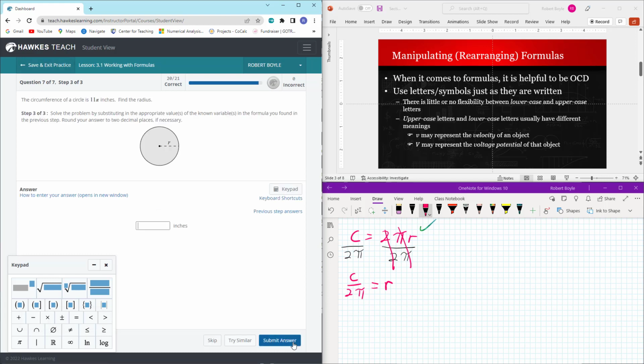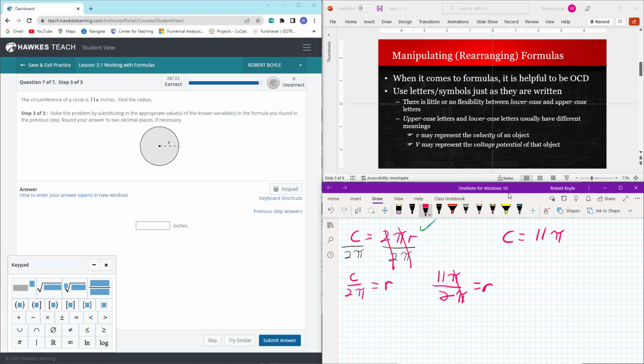All right, and now we go ahead and we substitute our values. Notice that c is equal to 11 pi. So we want to substitute 11 pi in for c, and if we do, we will have 11 pi divided by 2 pi is equal to r.